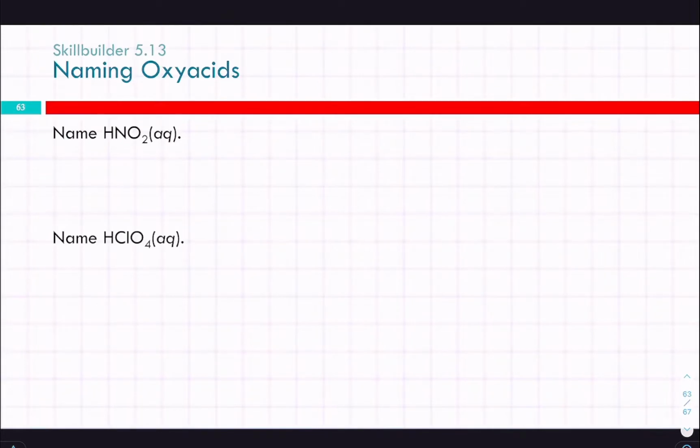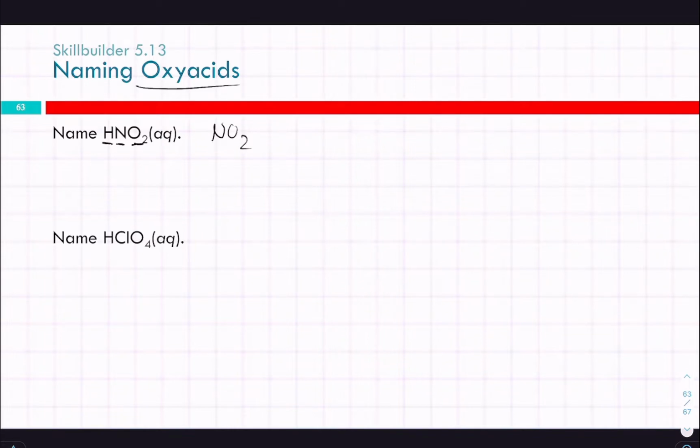All right, so again, we have to identify what type of compound we're naming, even though this says oxyacids. We have hydrogen first, so we know it's going to be an acid. And then we have nitrogen and oxygen, so it's going to be an oxyacid. So then when we name this, we just need to know what the name of that oxyacid is.